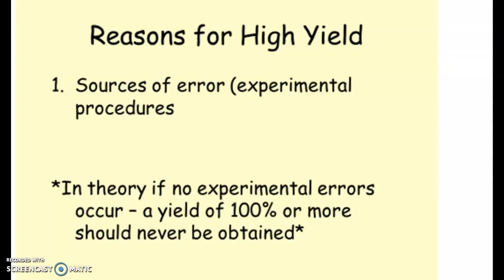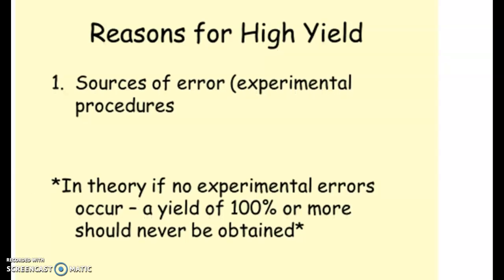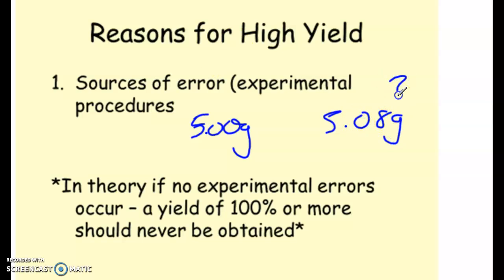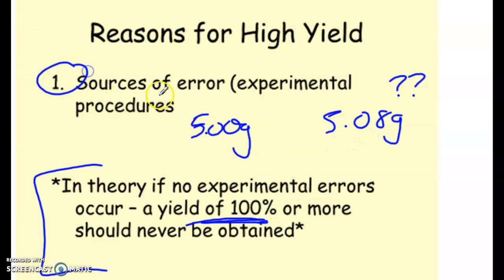Now, sometimes when you're doing a lab, you may get more than 100%. So let's say we were supposed to get 5 grams, but we did the experiment and we got 5.08 grams. It's like, well, what happened there? In theory, the only time you should get a yield of more than 100% is through error.